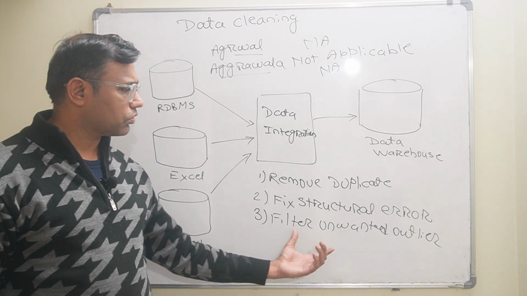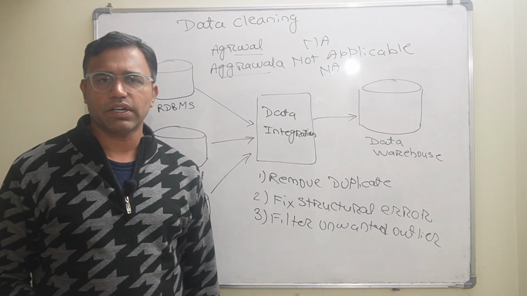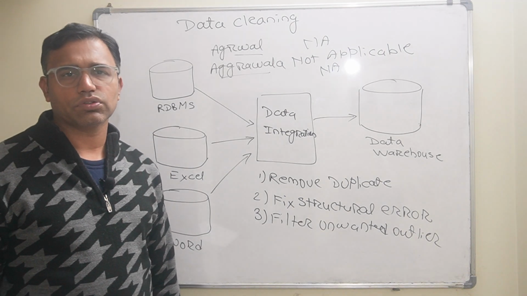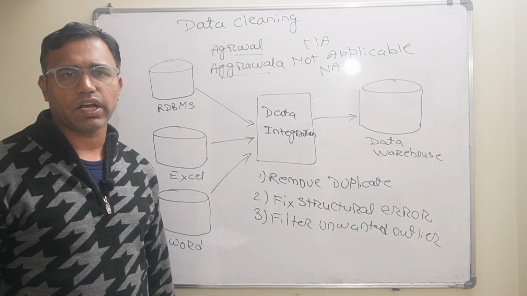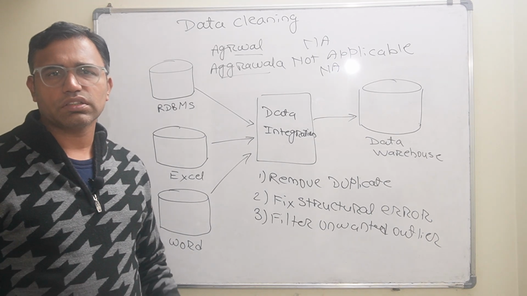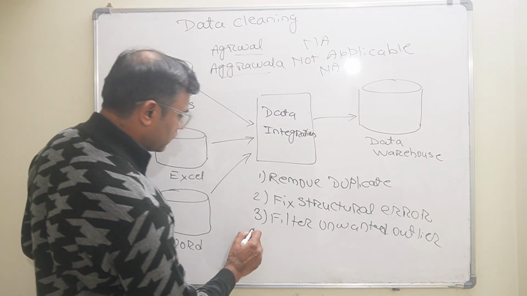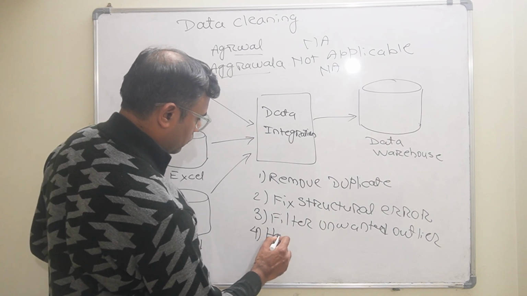In the same way, in the data also you will find outliers which do not fit. So we have to identify which is the outlier data and then we can simply ignore it or remove it.